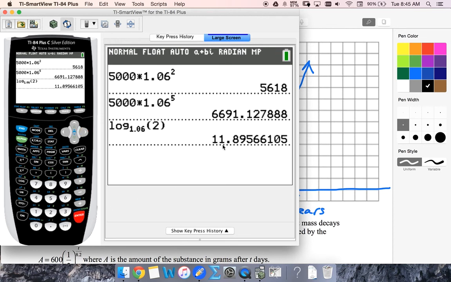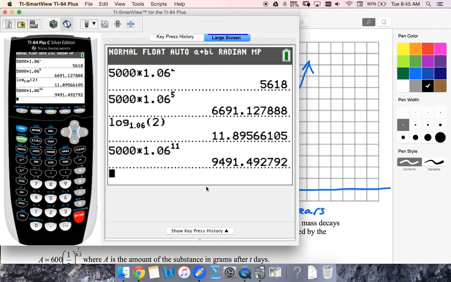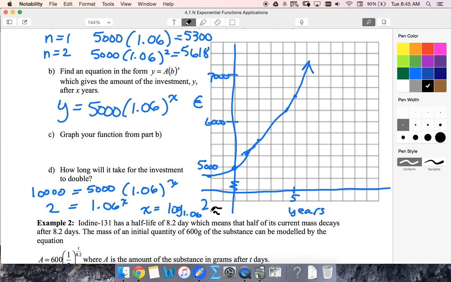So at the 11th year, I won't have hit my 10,000 yet. If we test this out and make that 11, we haven't hit 10,000 yet, so we have to go to 12 years. So 12 years to double. All right, so that's example 1.